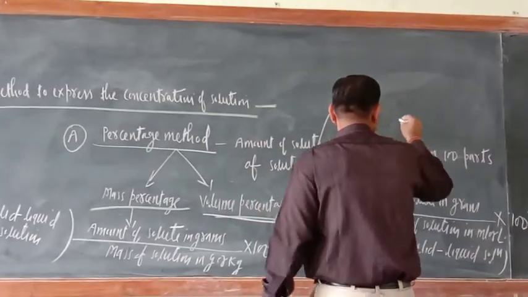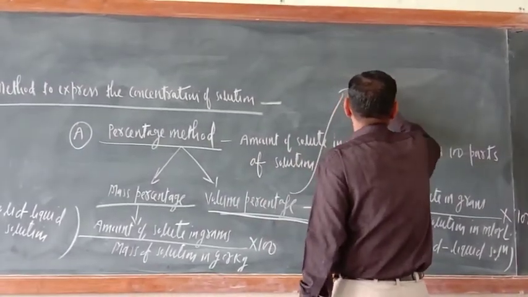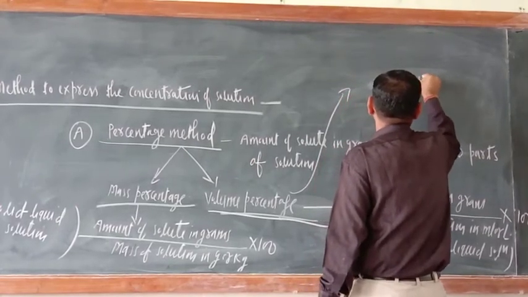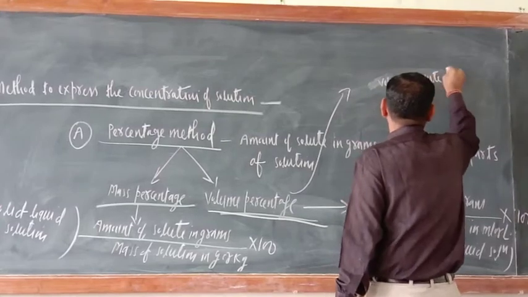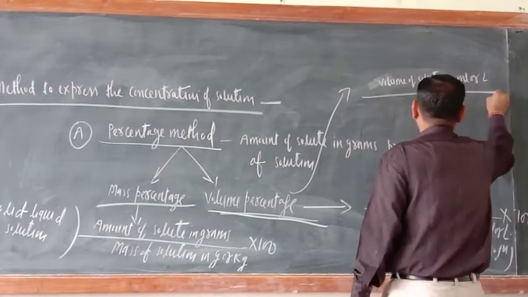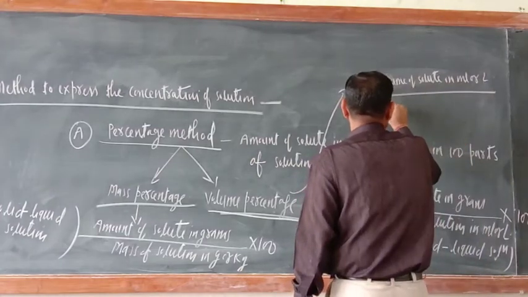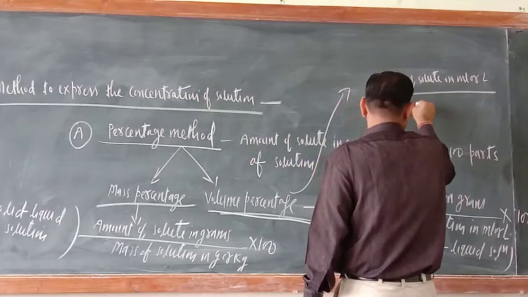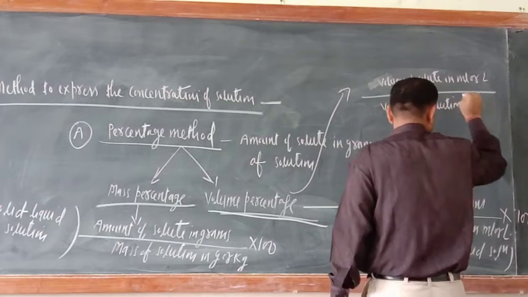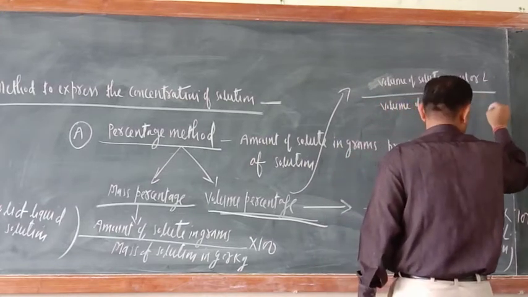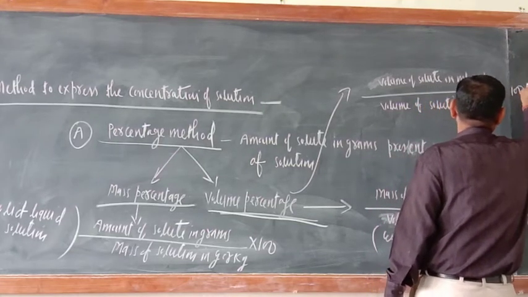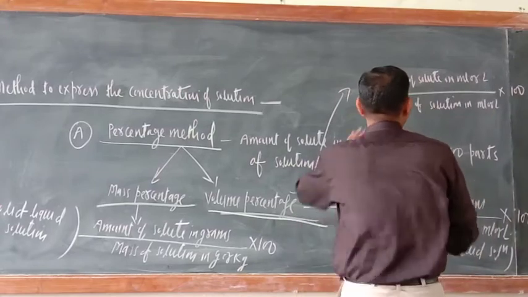This can be written as volume of solute in milliliter or liter divided by volume of solution in milliliter or liter into 100.